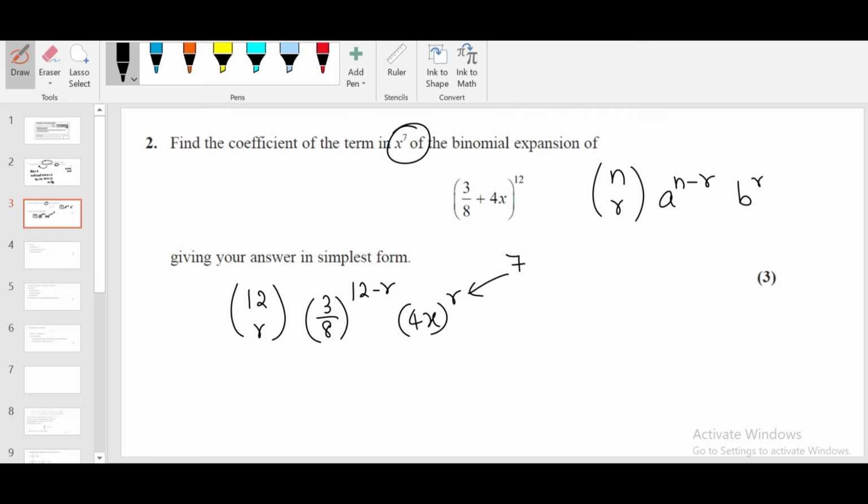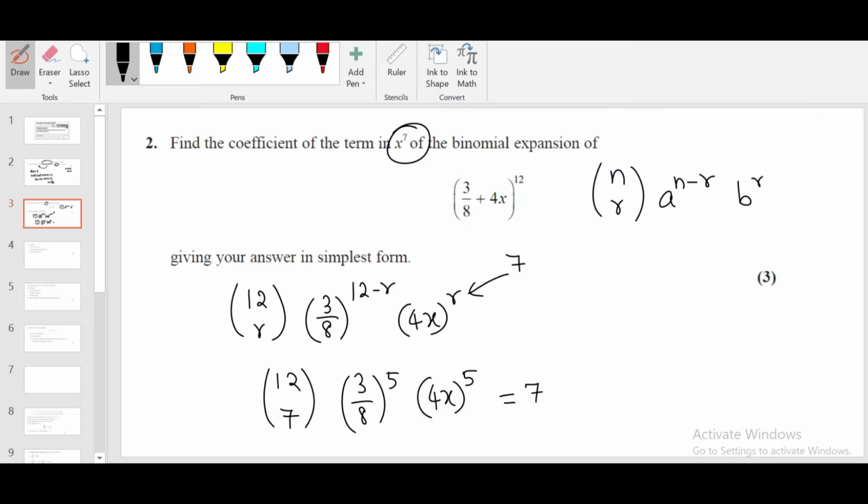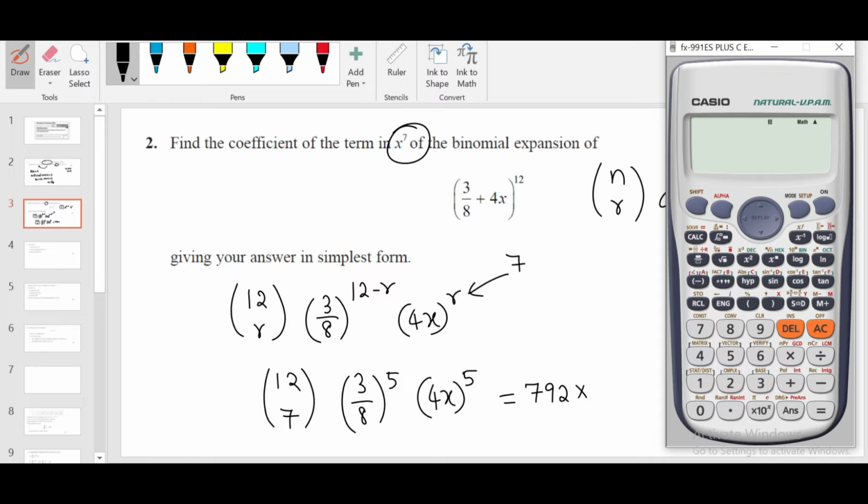So replace r by 7, you will get 12C7, 3 over 8 to the power 5, 4x to the power 5. And then you need to carefully calculate this. 12C7 is 792 times 3 over 8 to the power 5.